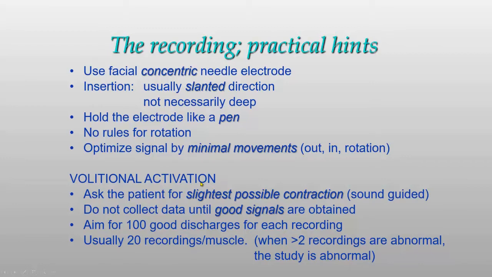And with voluntary activation, we ask the patient for the slightest possible contraction, and we do not start to collect data until we have good signals. We try to get 100 discharges for each recording and aim for 20 recordings for each muscle.